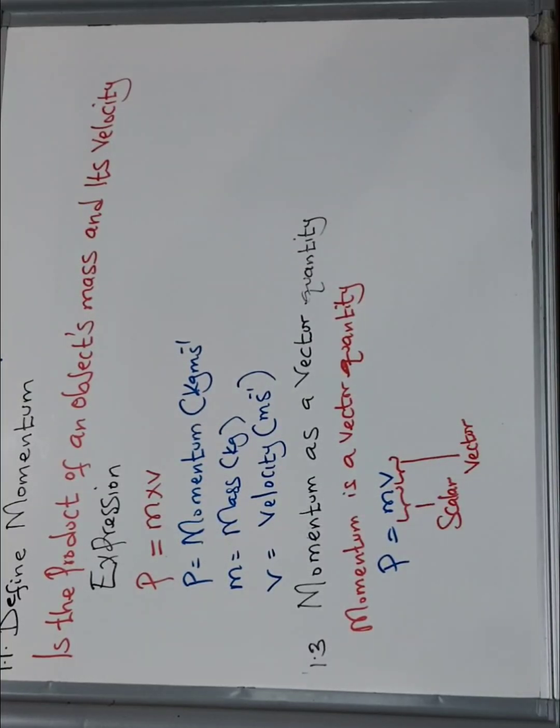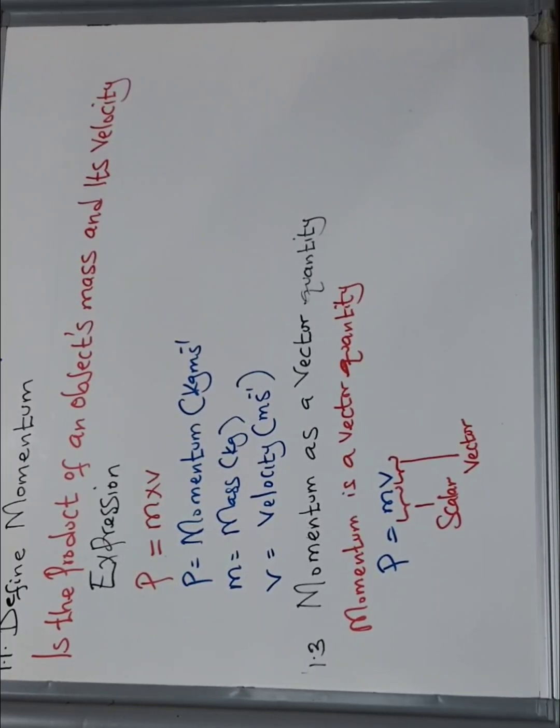Now, I want you to know from today that every time you have a product of a scalar and a vector, the outcome is a vector. So, when you multiply a scalar and vector, you get a vector. So, momentum is a vector.